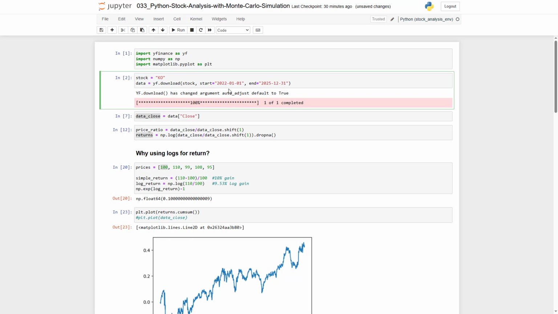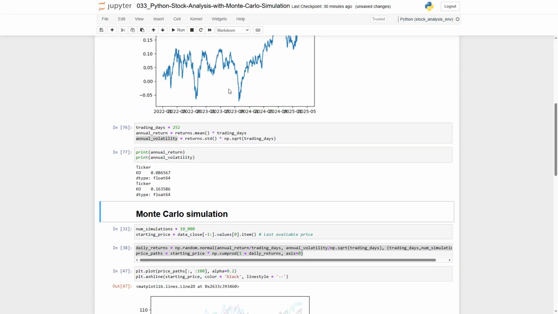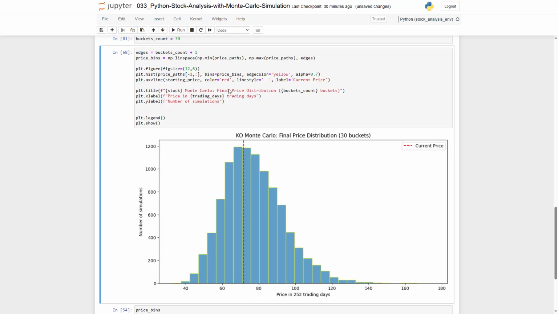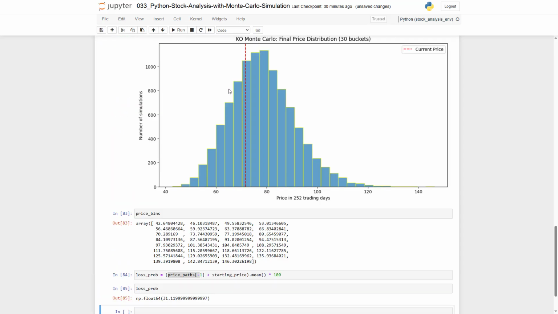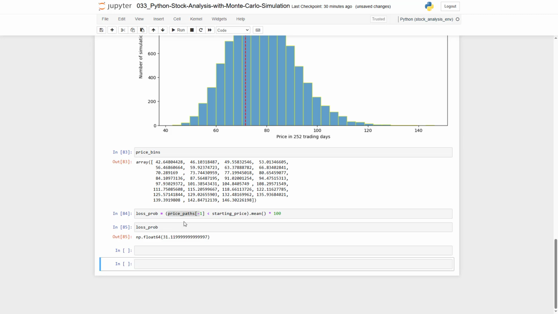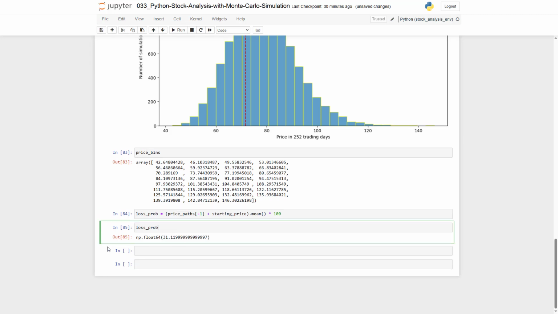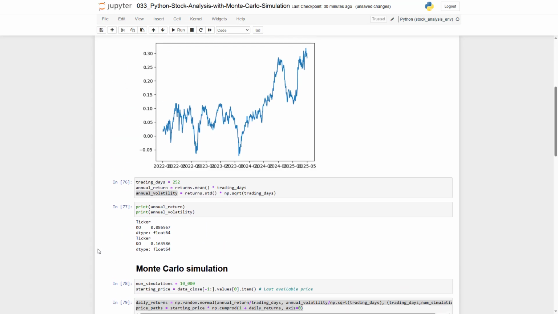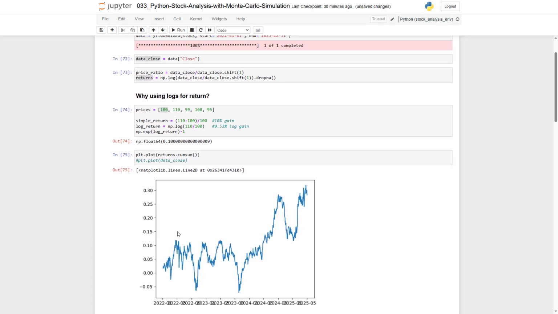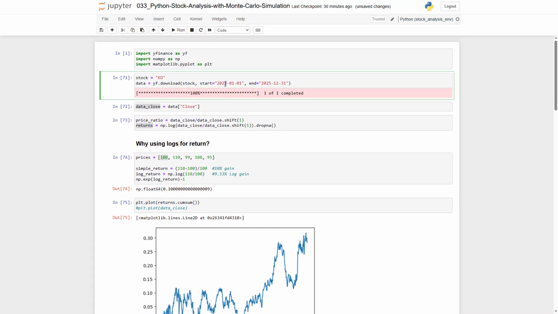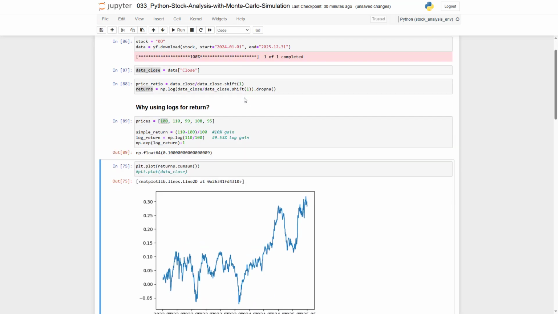Change it from 2022, run again our timing, and see that it's actually 31%. What will happen if we do it from 2024 or 2023? Okay, when the stock wasn't so volatile.